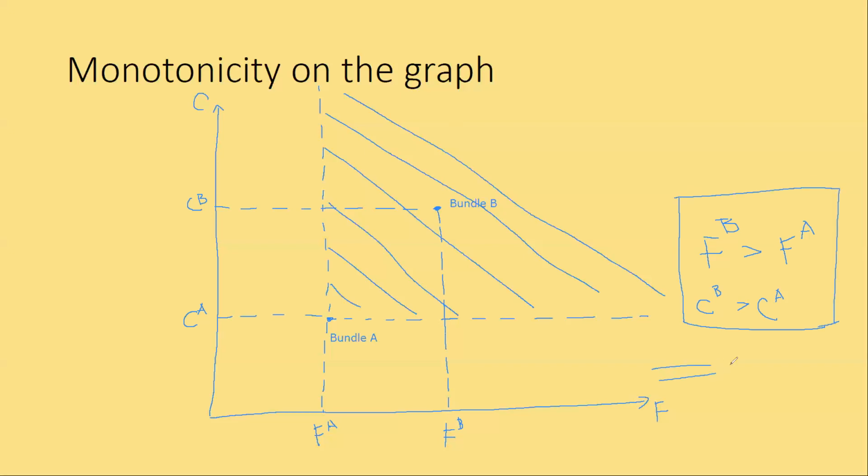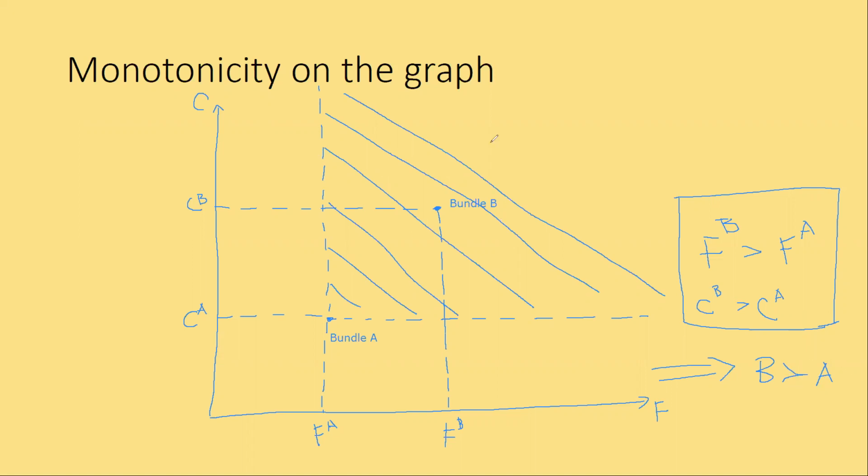And by monotonicity, it will imply that bundle B is, well, I didn't intend for this, it is just the curly sign. It is simply that bundle B is preferred over bundle A, right?